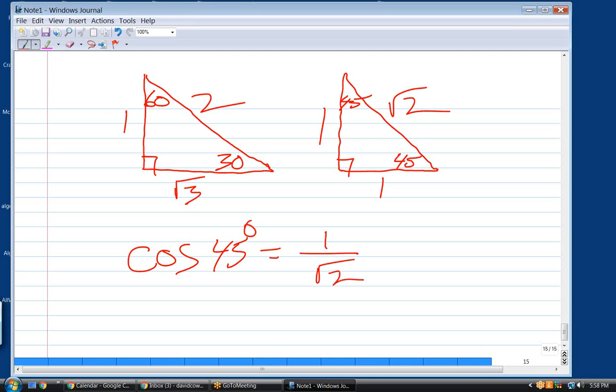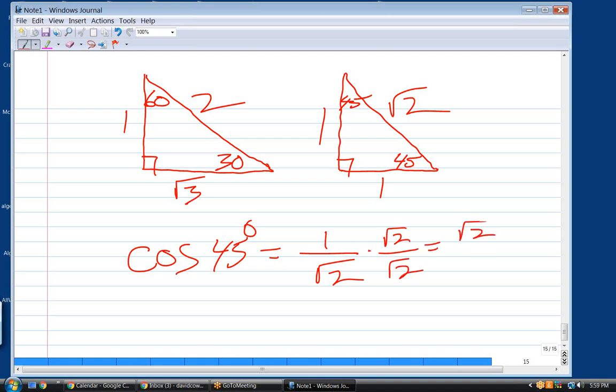Is there anything wrong with that answer? The radical's on the bottom. How do we rationalize it? In other words, the radical being on the bottom means we have an irrational denominator. Not a good answer. We'd have to multiply the top and the bottom by square root of 2. Giving you?